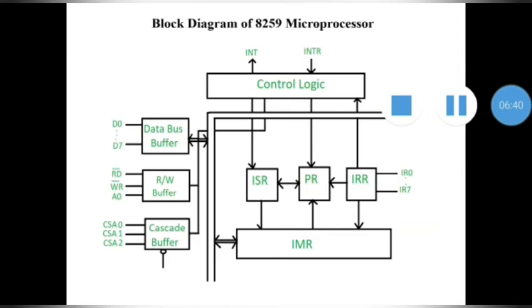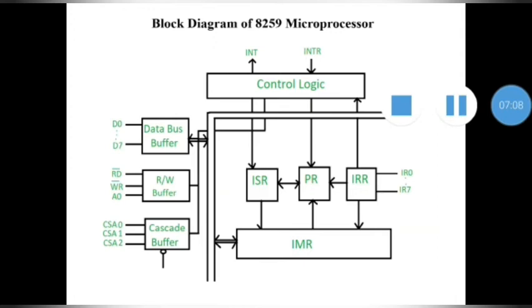Then the next block is the data bus buffer, from the left side of the diagram. This block has 8 data lines, and these 8 data lines are connected to the other device. Means these are bidirectional data lines.